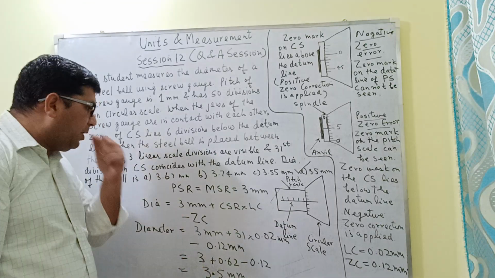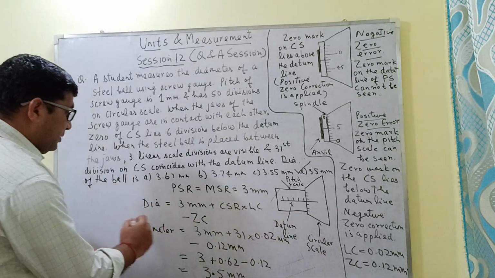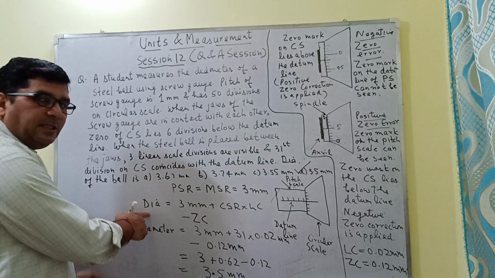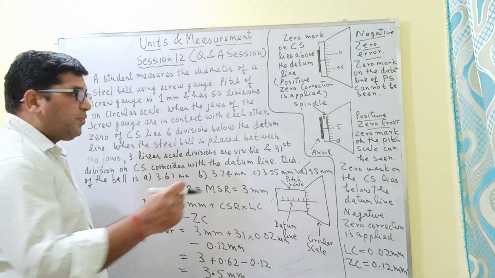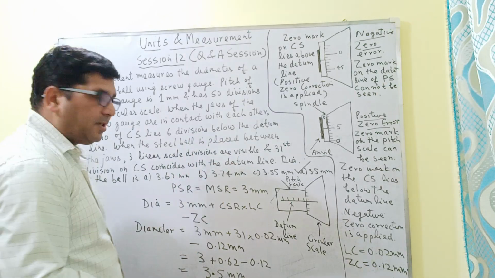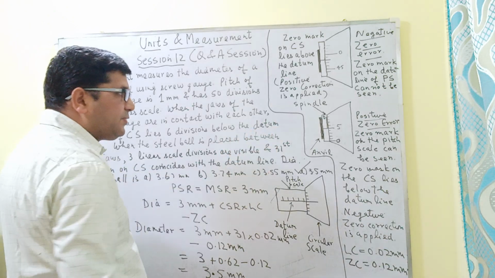In this problem, what was important was that you should know how to calculate the diameter or any dimension of an object when an instrument has zero error. In this case, the screw gauge had a positive zero error.